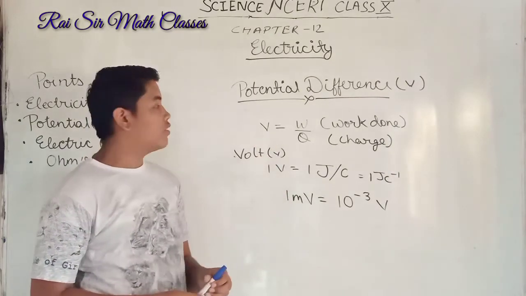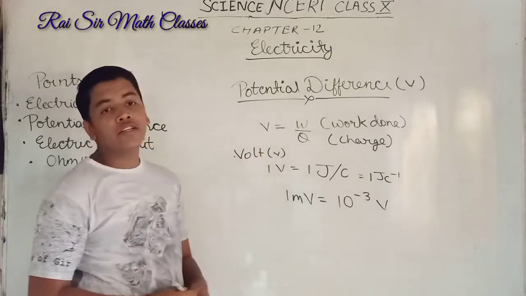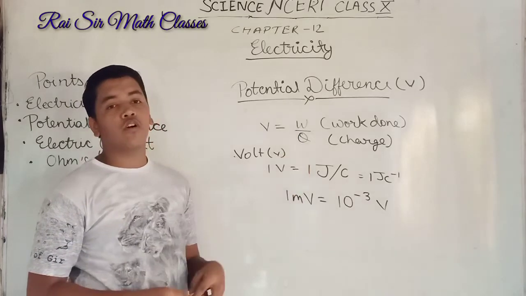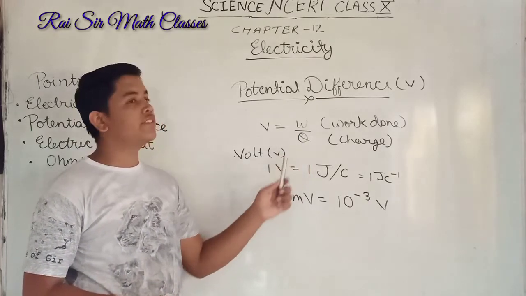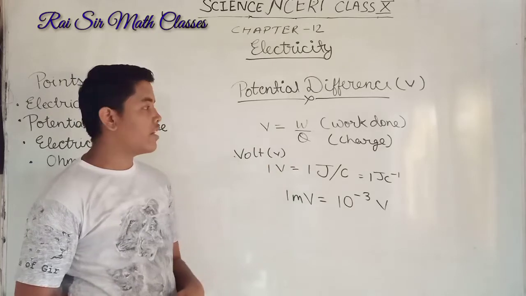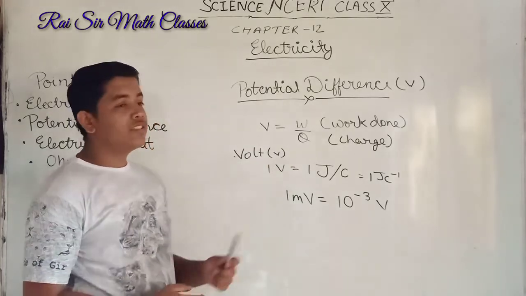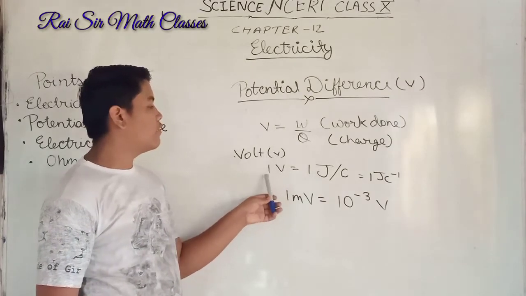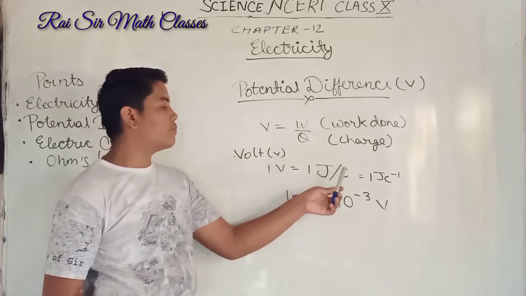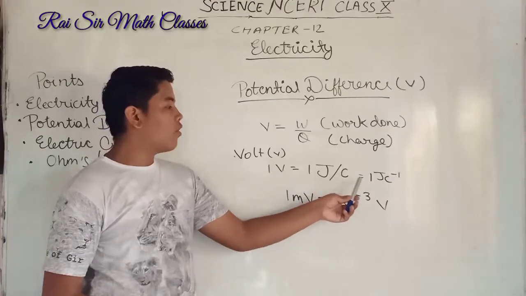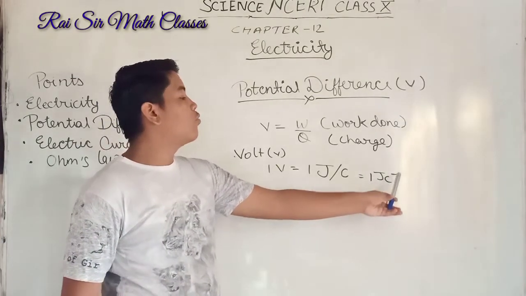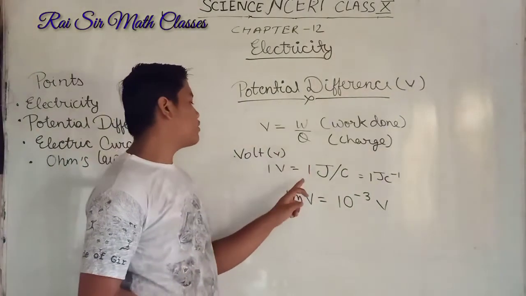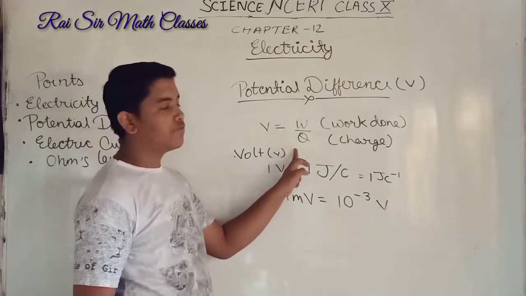Using this formula we can find potential difference if work done and the amount of charge flowed are given. Its SI unit is volt, also represented by V. So 1 V is equal to 1 joule per coulomb, or joule coulomb inverse. We can also find the unit by this formula.